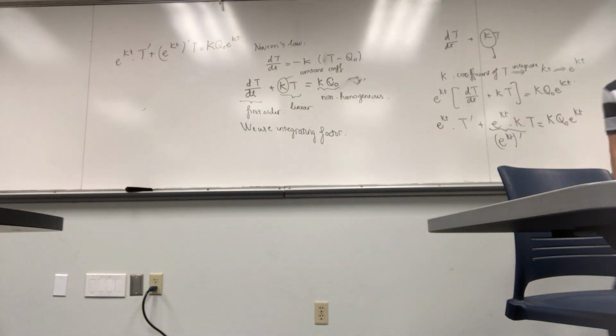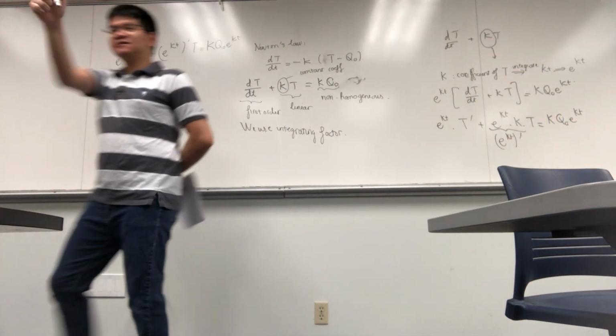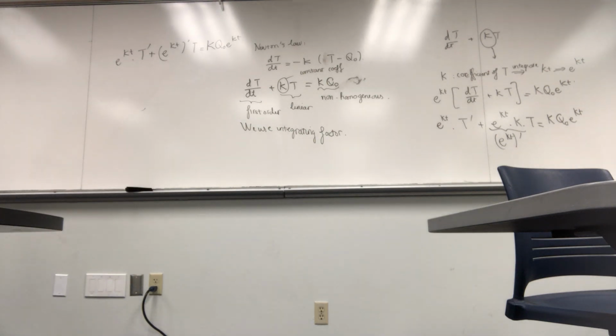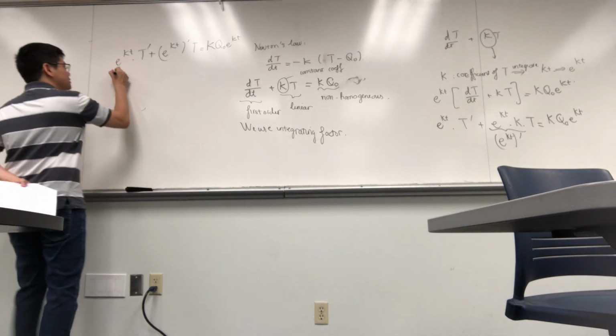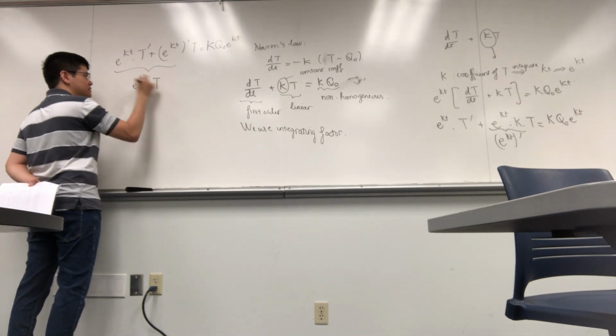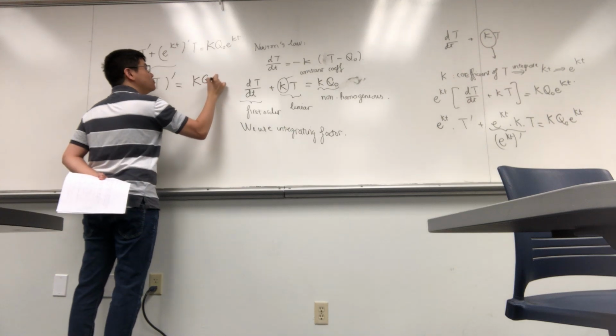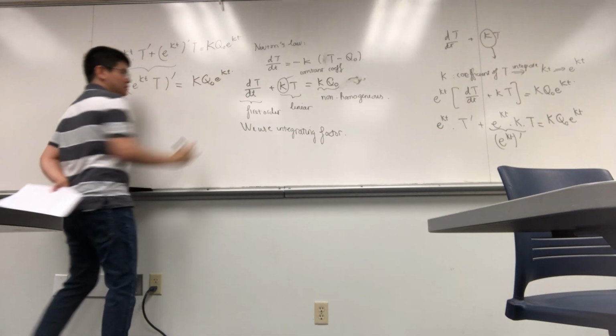All right? Good. Now what can I say about the left hand side? You can use the product rule. So (e to the kt times T) prime is k Q0 e to the kt.